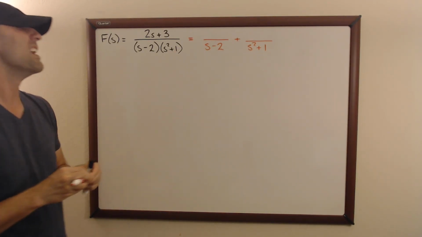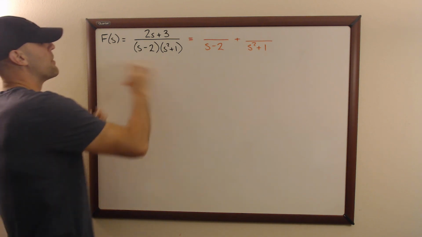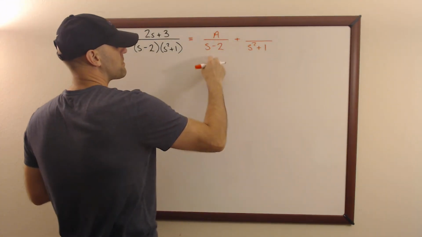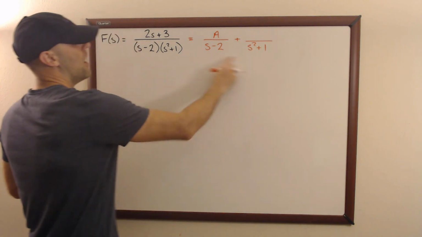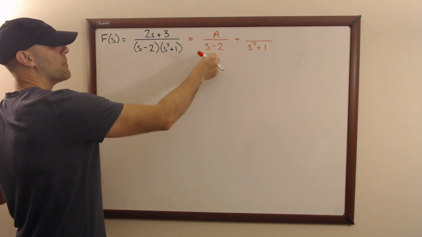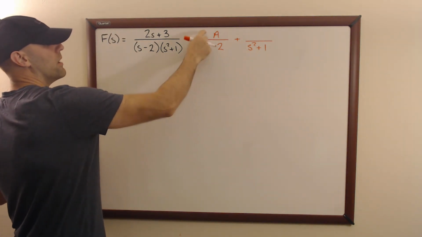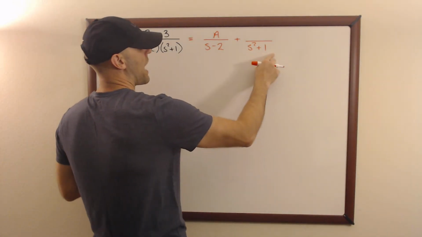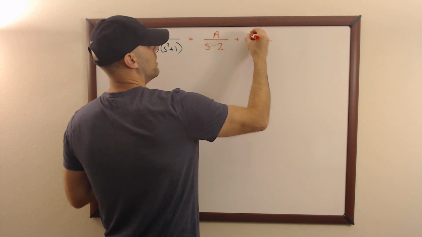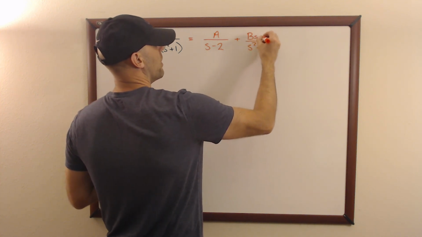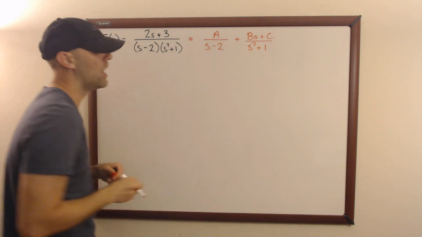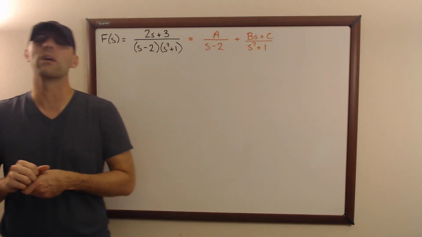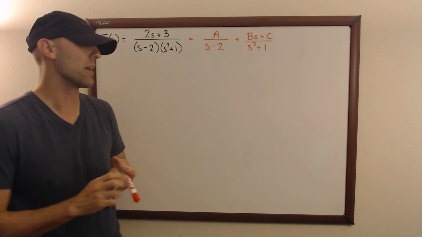All right, so the first bit of scratch work here, before I can even start to untranslate this, is I need to rewrite this. Of course, this has a linear denominator, so my numerator is constant. This has an irreducible quadratic of multiplicity 1, so my numerator is linear. In general, when you're doing partial fraction decomposition, please remember that, and you might need to replay this part of the video. Let me write it down.